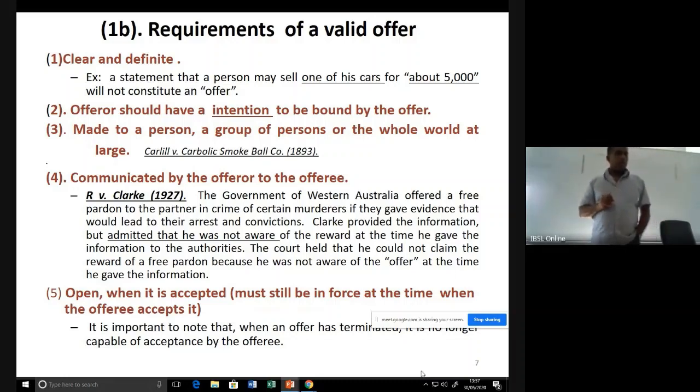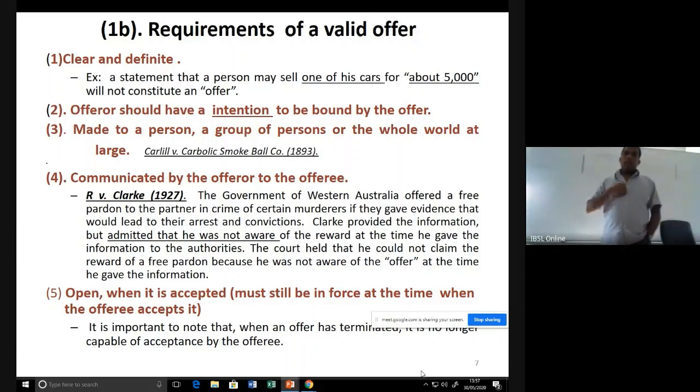Next one, communicated by the offeror to the offeree. If I am the offeror, I have to communicate my offer to the offeree. Unless and until I communicate my promise to the offeree, the offer is not valid. For example, I can have a promise and not communicate it to the other party.